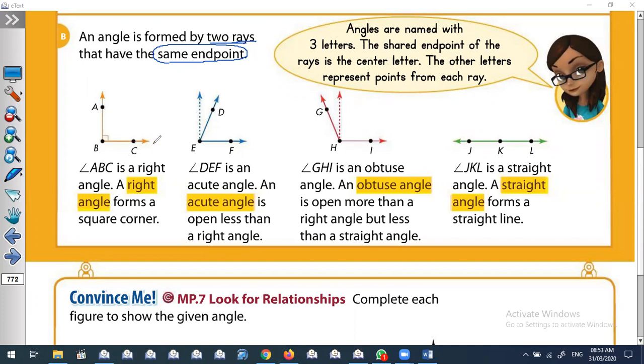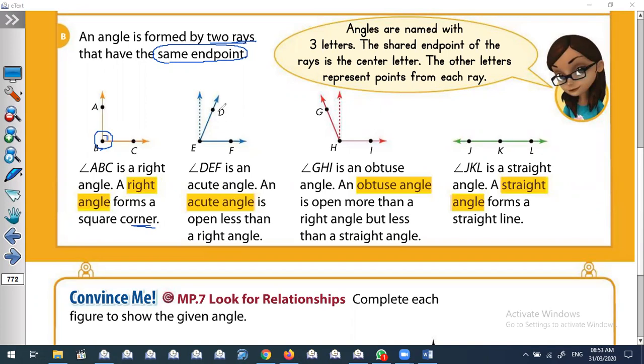Angle ABC, we can call this angle by its vertex, angle ABC or angle CBA. The vertex should be in the middle. Angle ABC is a right angle. A right angle forms a square corner. If you have a square corner like that, it will be a right angle.